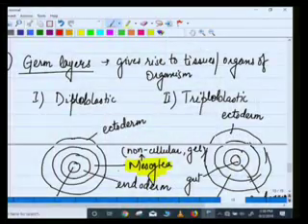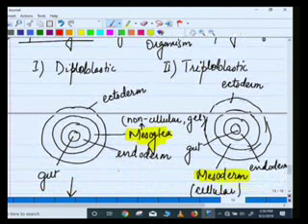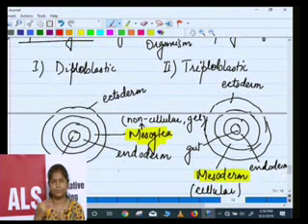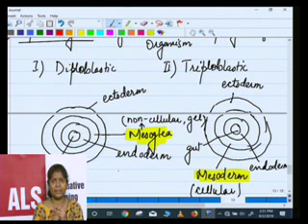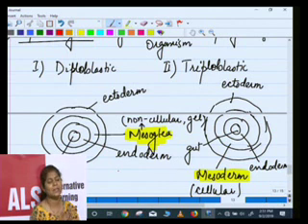Obviously, a particular layer is going to give rise to the next tissues and organs. Diploblastic is the condition having only two germ layers, which are ectoderm and endoderm. Now when mesoderm starts to come, what is the need of the hour?